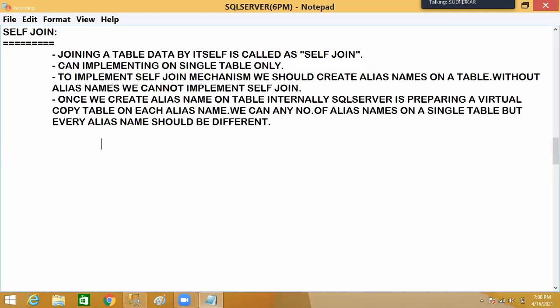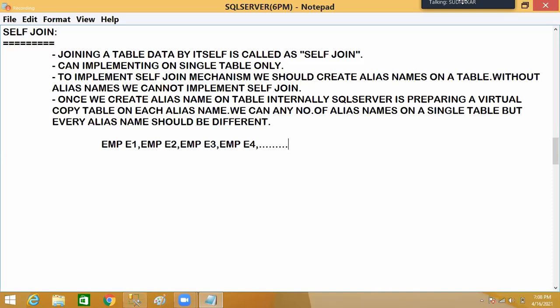Suppose one of my tables is emp, so emp e1 is one alias, emp e2 one alias, emp e3 one alias, emp e4 one alias. So like this you can create a number of aliases, but the table is the same, emp table only.